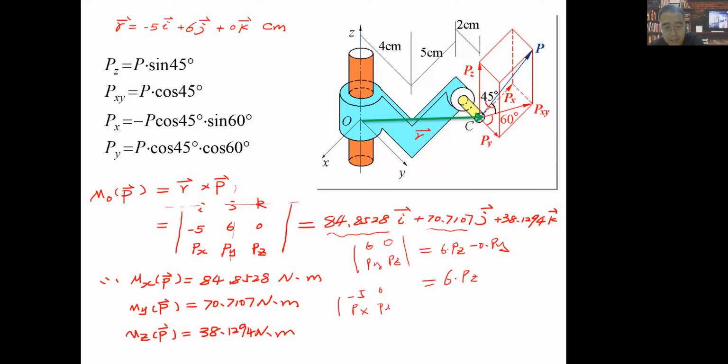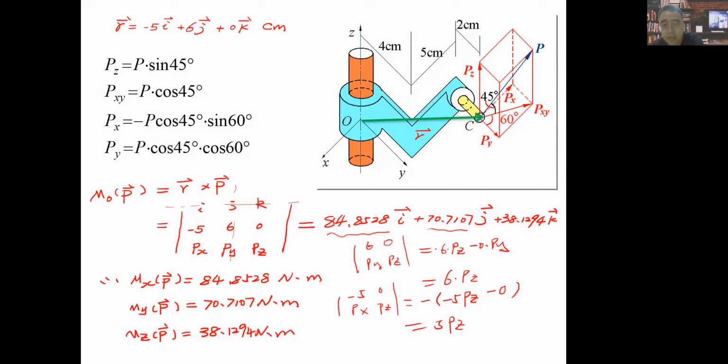This time, because it's the middle term, you should remember to give a minus sign first, then do the cross product minus. So it equals -5 Pz minus 0 times Px, so it's 0. So you see, this is 6 Pz, and this one will be minus Pz.